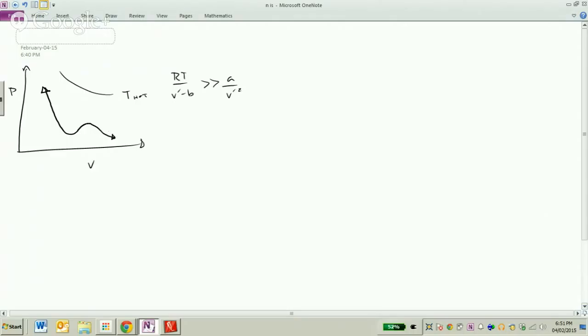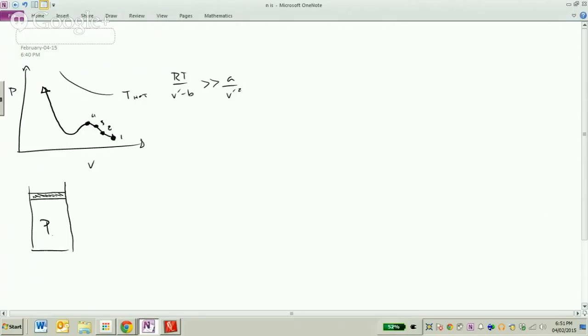So I had drawn 1, 2, 3, 4 points along this curve here, which I'm going to label 1, 2, 3, and 4. And I want to give little diagrams of what each one of those would look like.